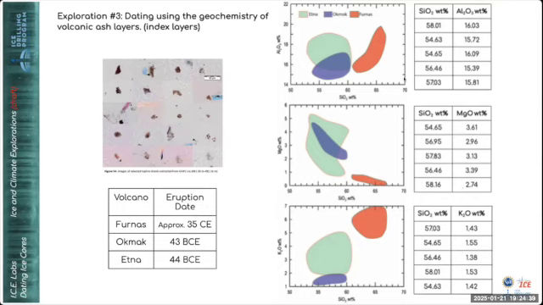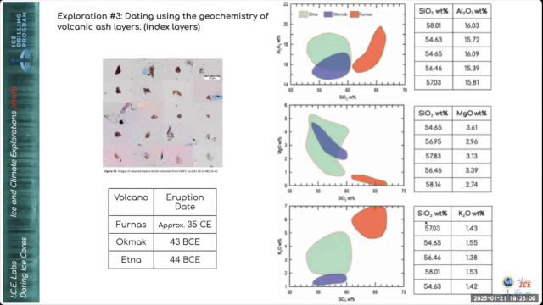So on the right side here, we see these multicolored graphs. Let me explain what each one is. The top graph is aluminum oxide versus silicon dioxide, plotted against each other, showing the ratios of the chemistry of this ash. These are the ratios of silicon dioxide to magnesium oxide.